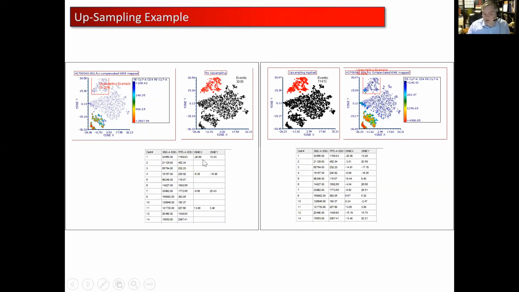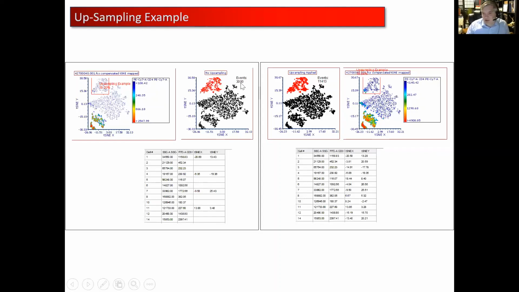At the data level, when you're looking at the raw data in FCS Express, in a data set that was not upsampled, we only end up with t-SNE X and Y coordinates for cell 1, for cell 4, for cell 7, for cell 11, and everything in between is not sampled, and it's not accessible to us with these t-SNE X and Y coordinates.